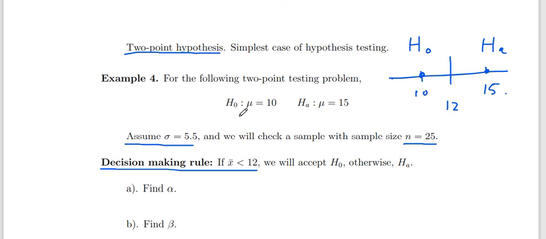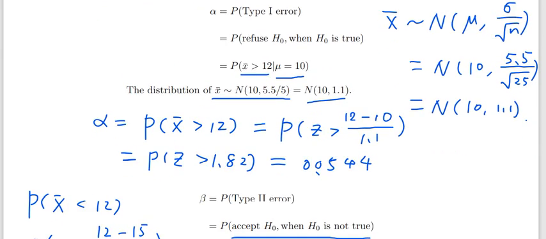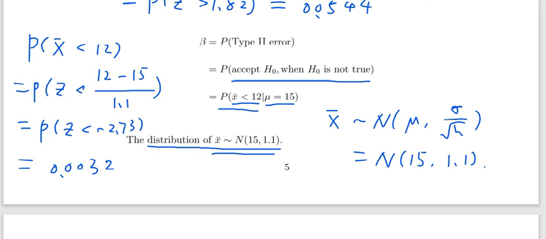And we can find alpha because alpha is when H0 is true, so we know the distribution, we know the mu, right? So from this example, alpha is small and beta is also small, so this decision making rule is good.